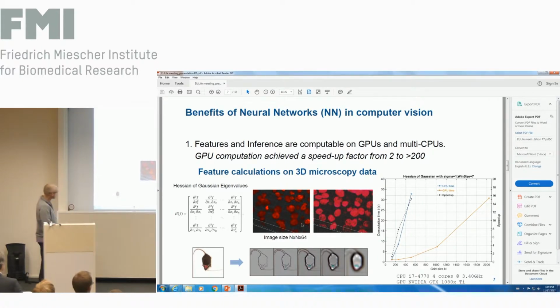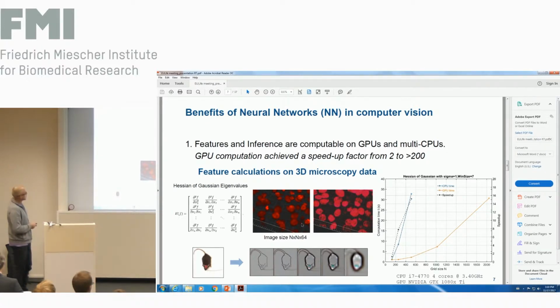If we see here a series of these eigenvalues calculated on the mouse, you see that it peaks quite nicely at the tail. Meaning that every time you have a tube, it will give you the directions of the highest variations of the gradient. Also for cells, it's a very good feature for the calculation of the boundaries.